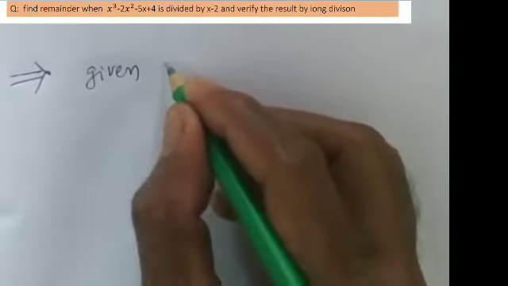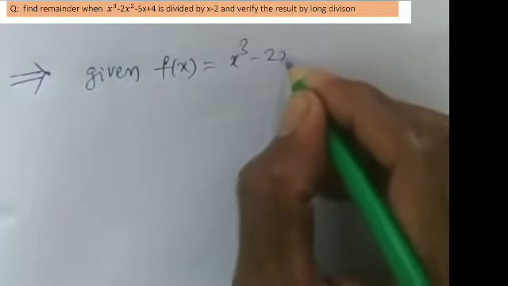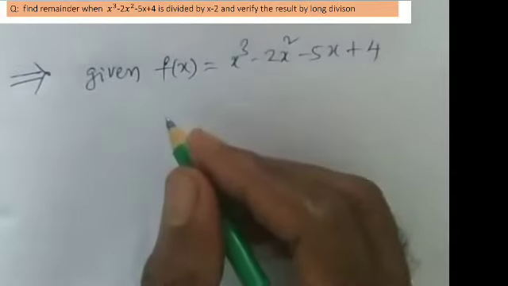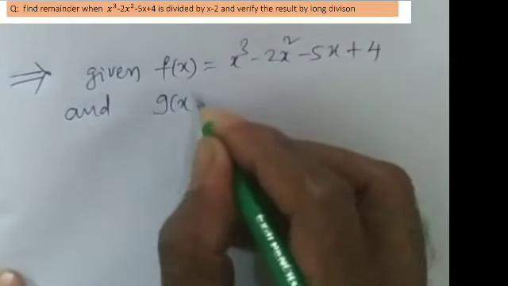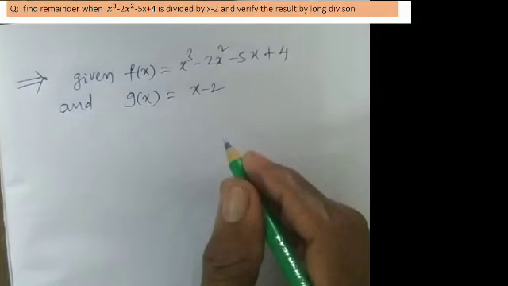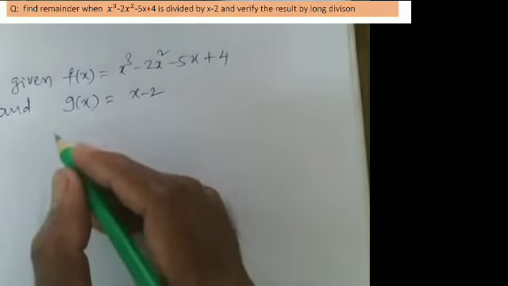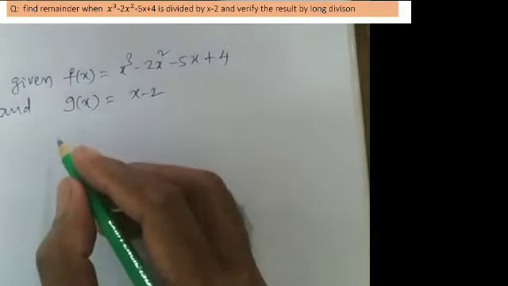Next we solve another example: x cube minus 2x square minus 5x plus 4. First we check it by the remainder theorem, and it is divided by x minus 2. So let us take x minus 2 equal to 0, and x equals plus 2.